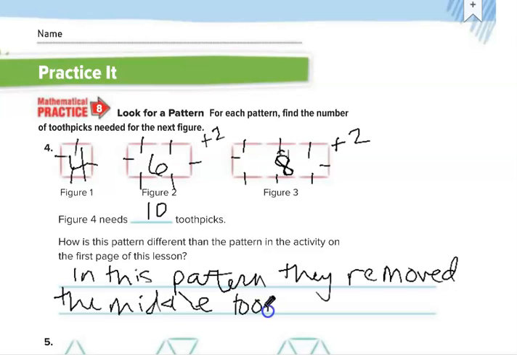So essentially what that is doing is taking away 1. Right, we would add 1 and add 1. So instead of going up by 3, this time we're going up by 2, so that should make sense.